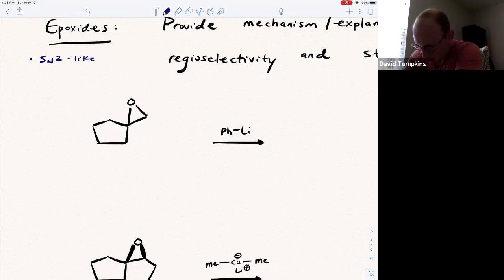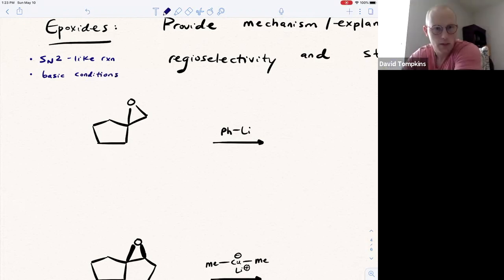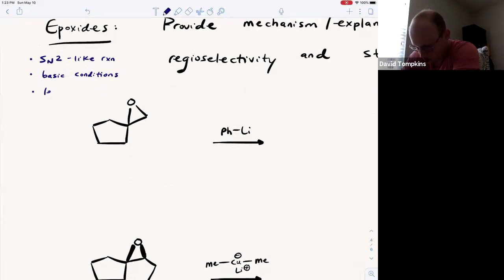And an SN2-like epoxide opening is carried out under basic conditions. As we discussed last time, all organometallics in this course, such as Grignards, organolithiums, and organocuprates, are basic nucleophiles. They're good nucleophiles so they attack at the least hindered position, which is fastest for SN2.